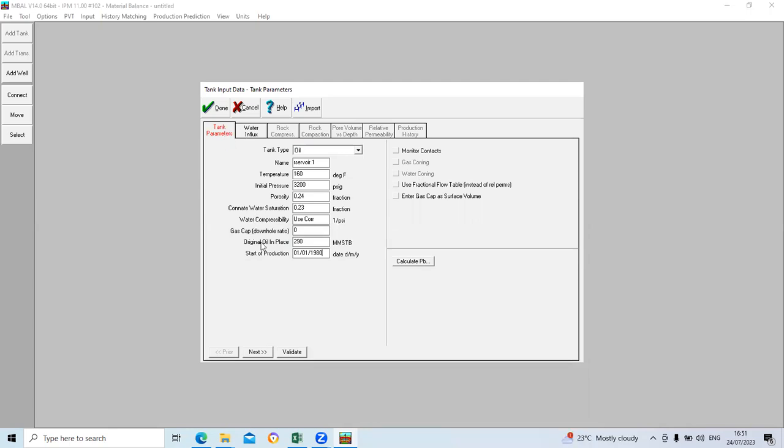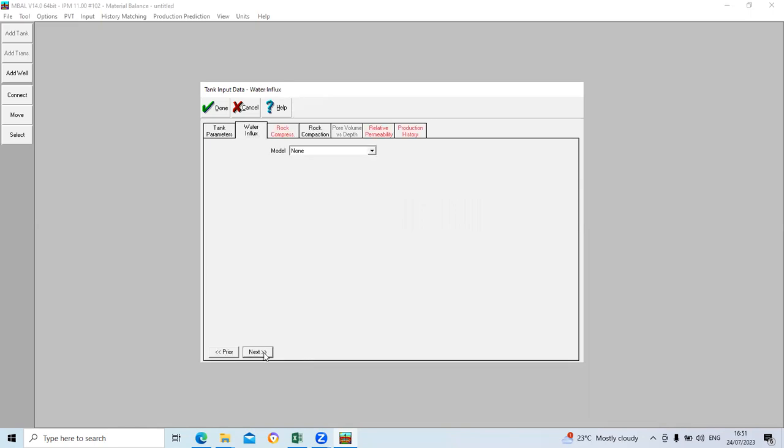The next thing is to go to water influx. So we'll go to next. We know that generally the reservoir is either in the transient state, I've already explained the meaning of transient flow, or in the pseudo-steady state condition. In these situations, there is always water influx into the reservoir.